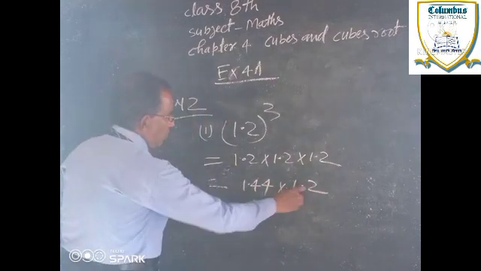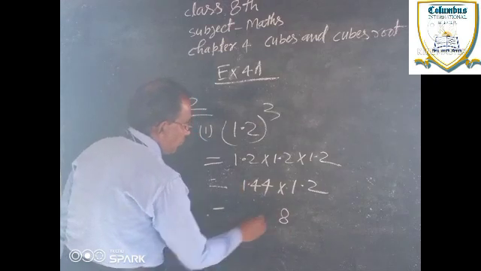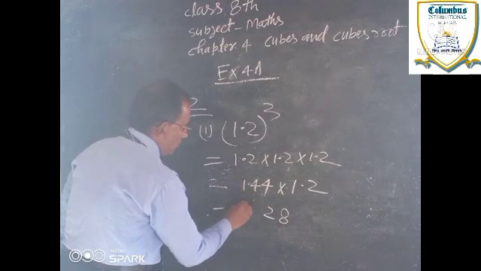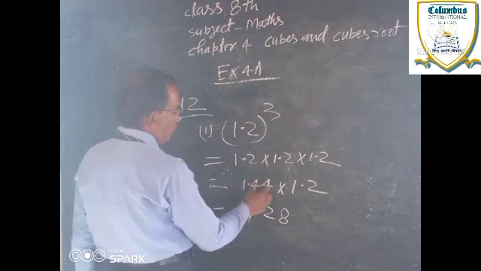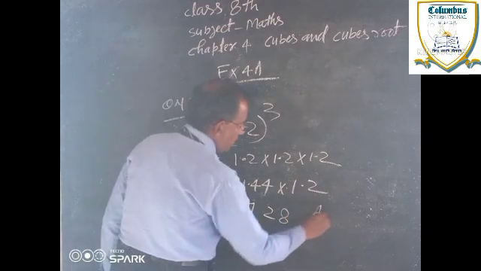Now 12 4s are 48, carry 4, 12 2s are 24 and 4 is 28, and 12 1s are 12, and 5 is 17. And we put the decimal after 3 digits, that is 1.728 is the answer of this question.